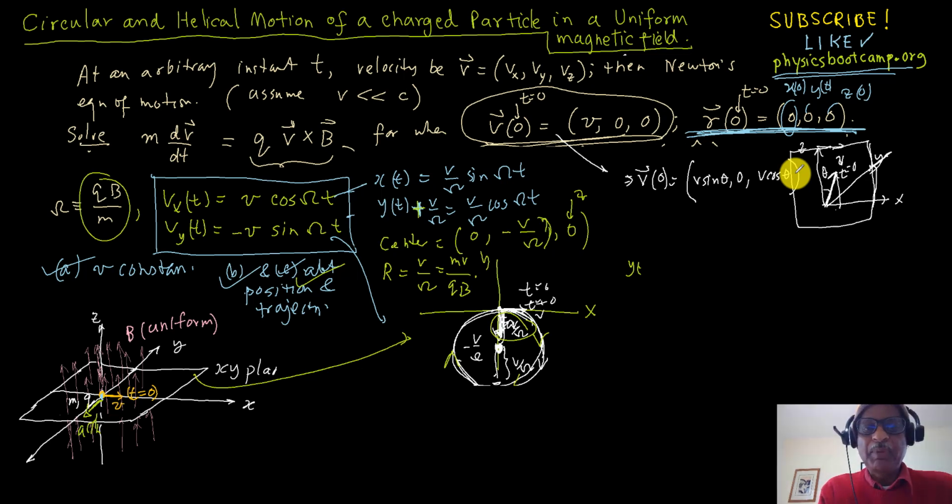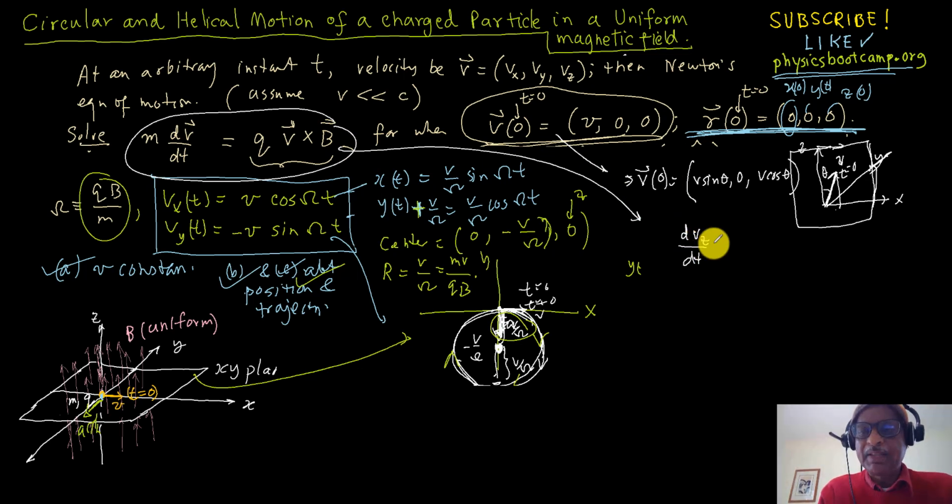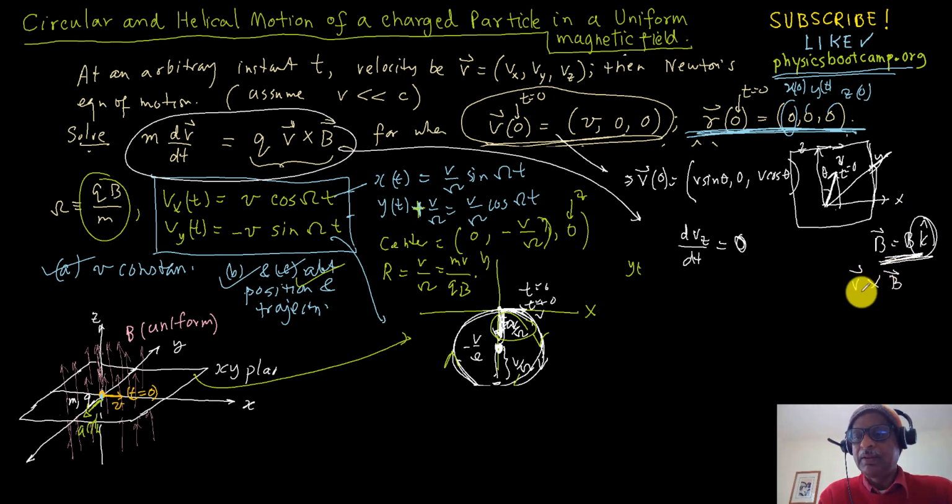Now, if you go back in this equation, from there you know that dVz/dt will be 0. Why? Because B is in the direction of k hat, so there can't be any force in that direction, because force is a cross product, so it's going to be perpendicular to both of these vectors.